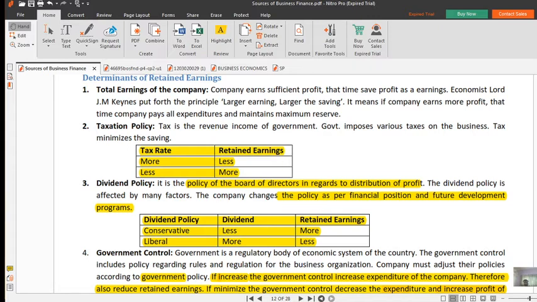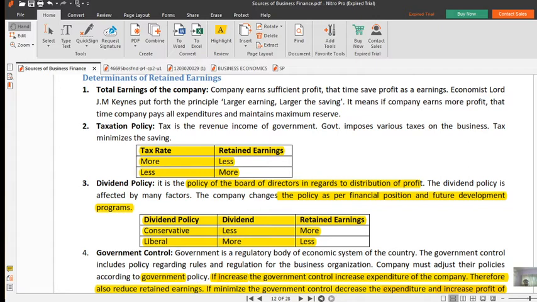First point, total earnings of the company. When the company earns sufficient profit, that time it saves profit as earnings. As per economist Lord John Maynard Keynes, one of the principles is: larger the earnings, larger is the saving, or vice versa.